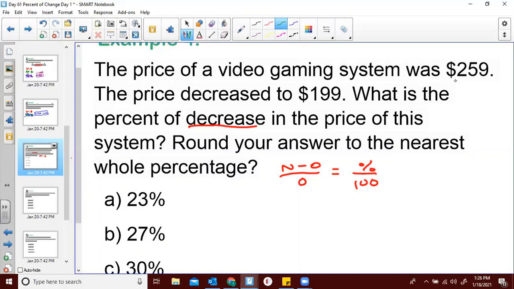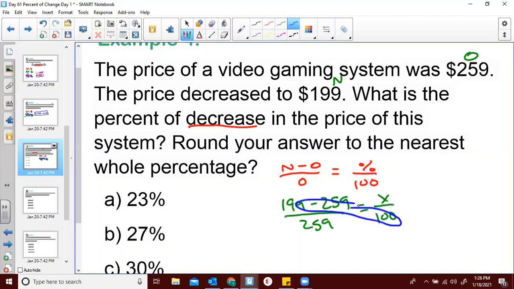The price of a video game was $259, and they decreased it to $199. So $199 is going to be my new number, and my old number is going to be $259. All right, and again, you just plug it in, cross multiply, divide by x's partner, and you'll see that x is going to equal negative 23%.